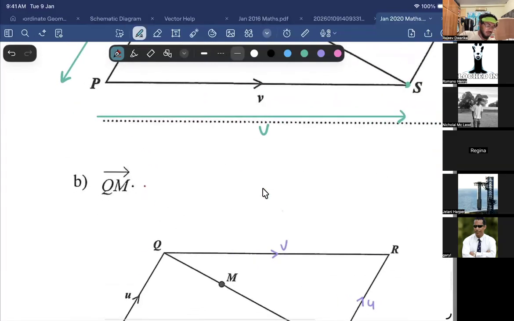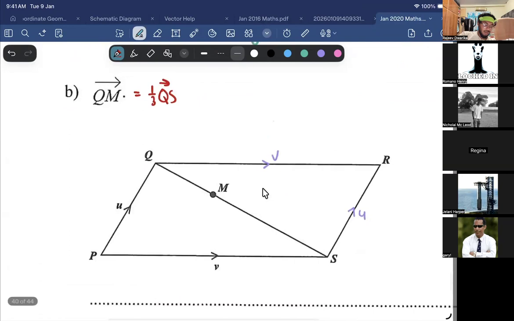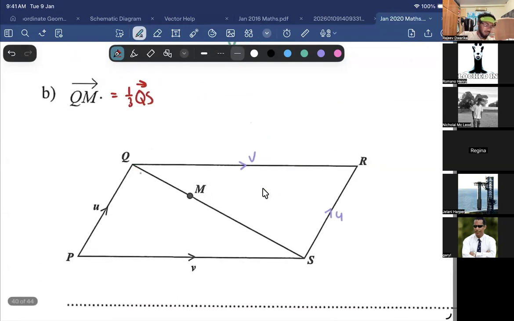So now they're asking me for QM. Where's QM? Remind me, Gary, where's QM? 1/3 QS. Maybe you're doubtful, maybe you don't fully see it, so bear with me. That entire red vector is 3 parts, and that entire vector is Q to S, right?